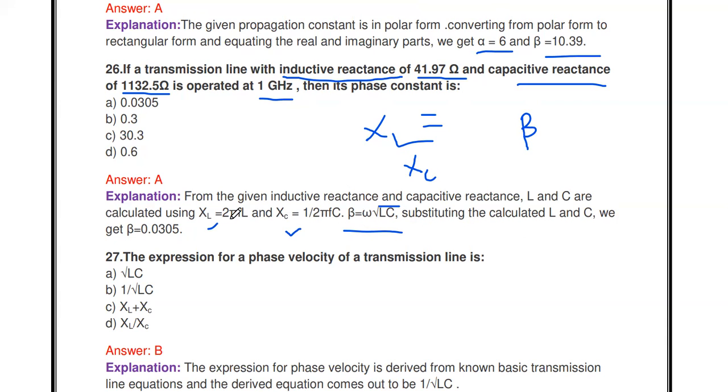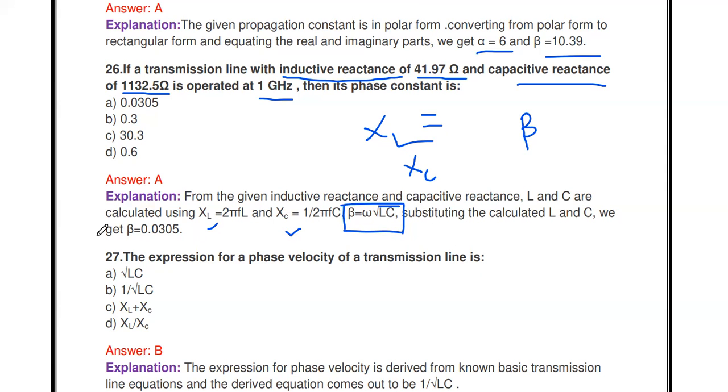So what is XL? XL is 2 pi f L, and its value is 41.97. From that you just calculate L. Similarly, XC is 1 by 2 pi f C, equal to 1132. From that you just calculate C. After calculating L and C, you substitute in the beta formula, beta equals omega into square root of LC.